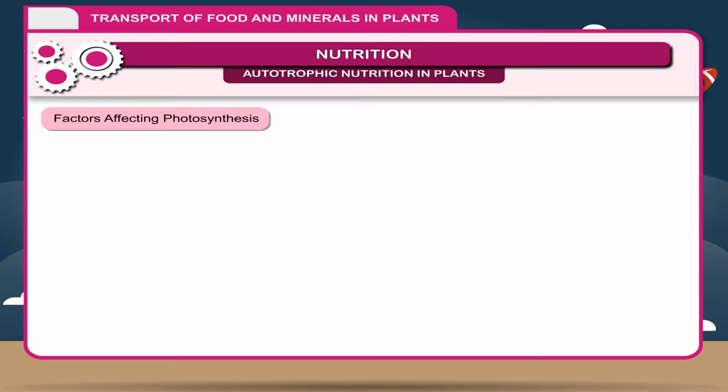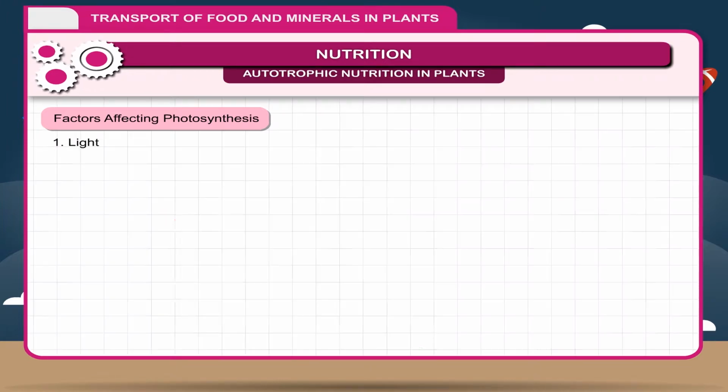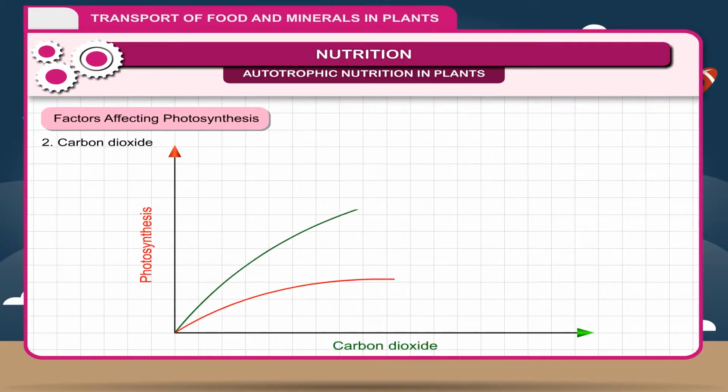Factors affecting photosynthesis. The process of photosynthesis is affected by these factors. 1. Light. The rate of photosynthesis increases with the intensity of light. The rate of photosynthesis is maximum in red light. 2. Carbon dioxide. On increasing the concentration of carbon dioxide, the rate of photosynthesis increases.